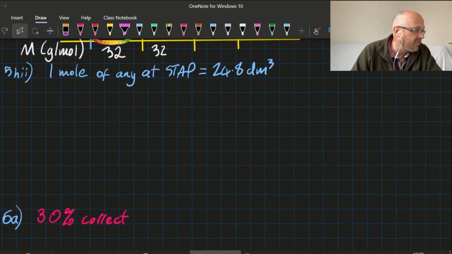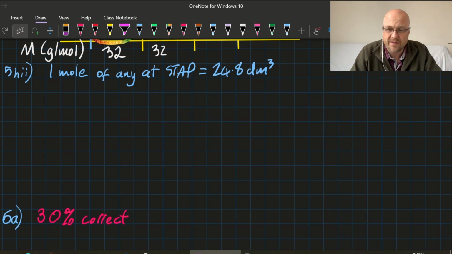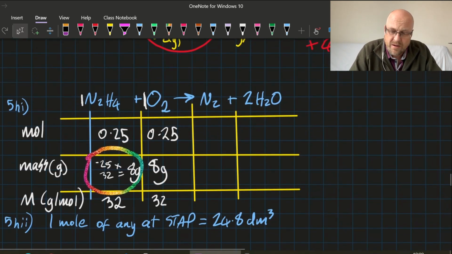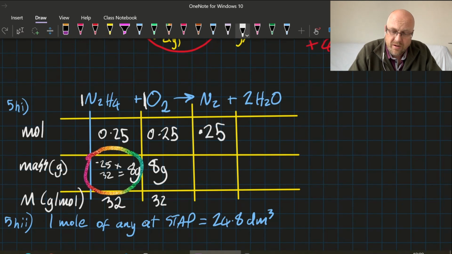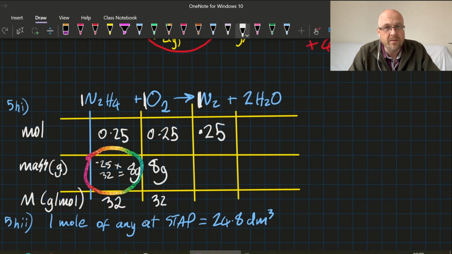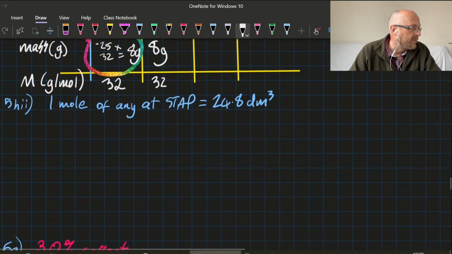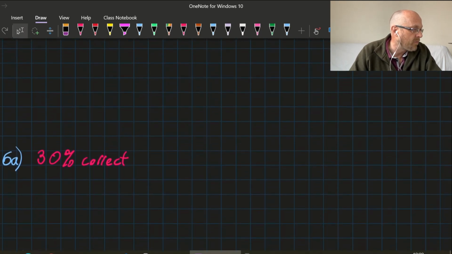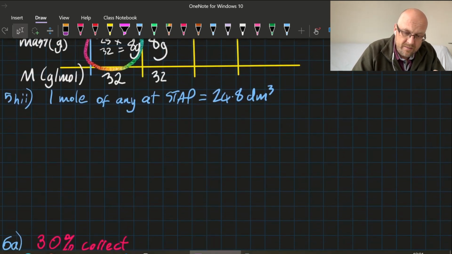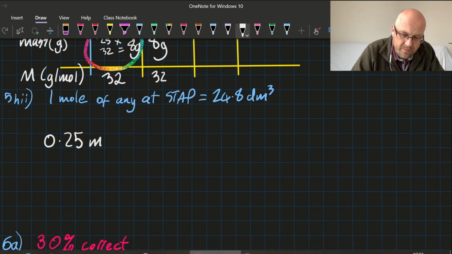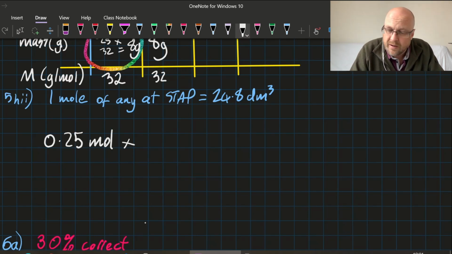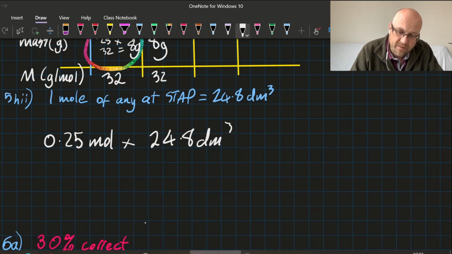Calculate the volume of nitrogen formed. It's only 1 point, so it can't be that tricky. Well, I know that I've got 0.25 moles of nitrogen because, again, the ratio is 1 to 1 to 1, 0.25 to 0.25 to 0.25. So if 1 mole of gas is 24.8 decimeters cubed, what about 1/4 of a mole? Okay. So I know that I've got 0.25 moles and that 24.8 decimeters cubed is 1 mole.